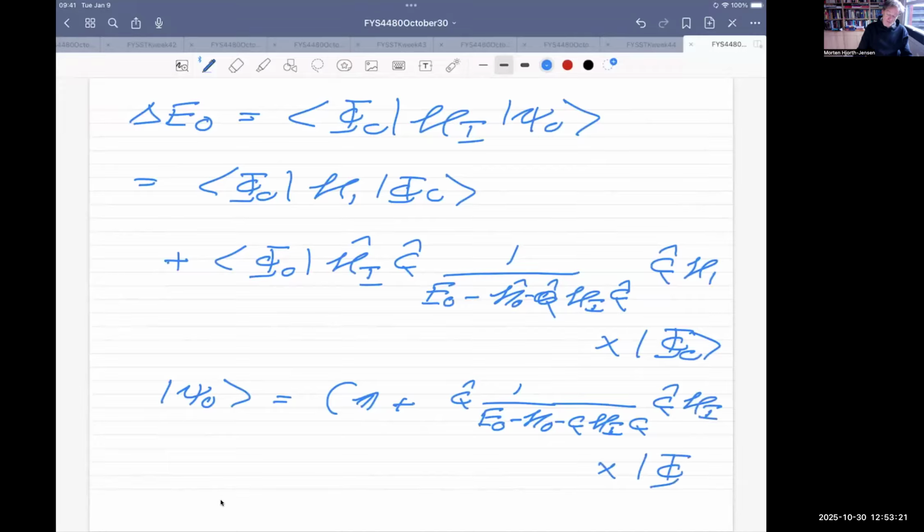So what I have now is an expansion which I can set up for the true wave function. And this expansion is now possible since we are using Breit-Wigner perturbation theory. This is in principle very similar to what you would be doing if you're looking at the T matrix.